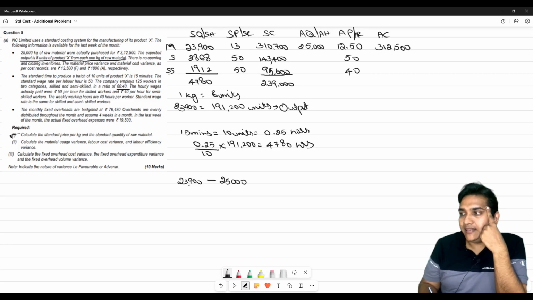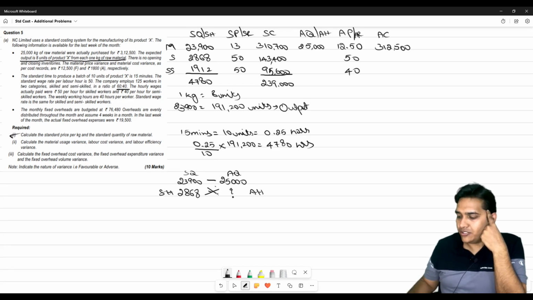For 23,900 standard quantity, my actual quantity is 25,000. So if my standard hours is equal to 2868, what should be my actual hours? Simple, again, cross multiplication. So 2868 into 25,000 divided by 23,900, we get 3,000.